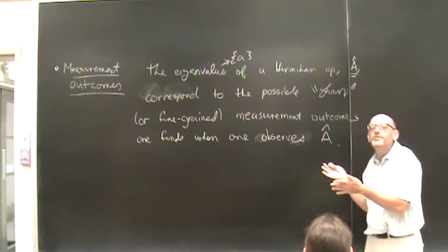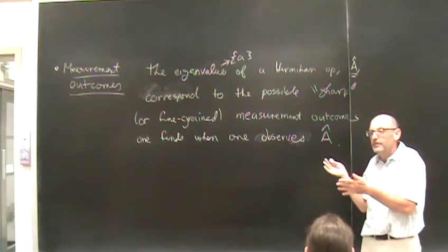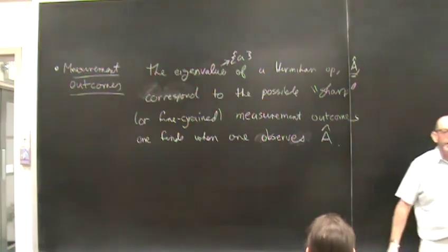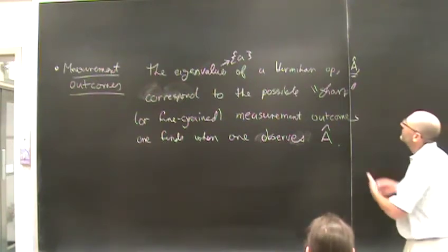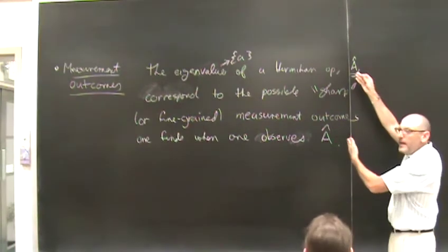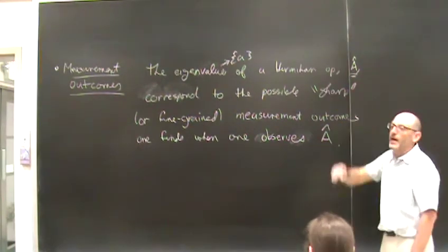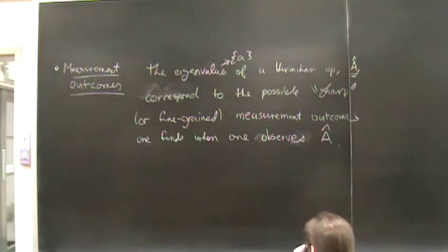It was uncertain in some way to you. So not every measurement you do is of this sort. But if you do try to devise a device to make the sharpest possible measurement you can make, the values you will find are the eigenvalues of the observable. And those, in this case, are real numbers.